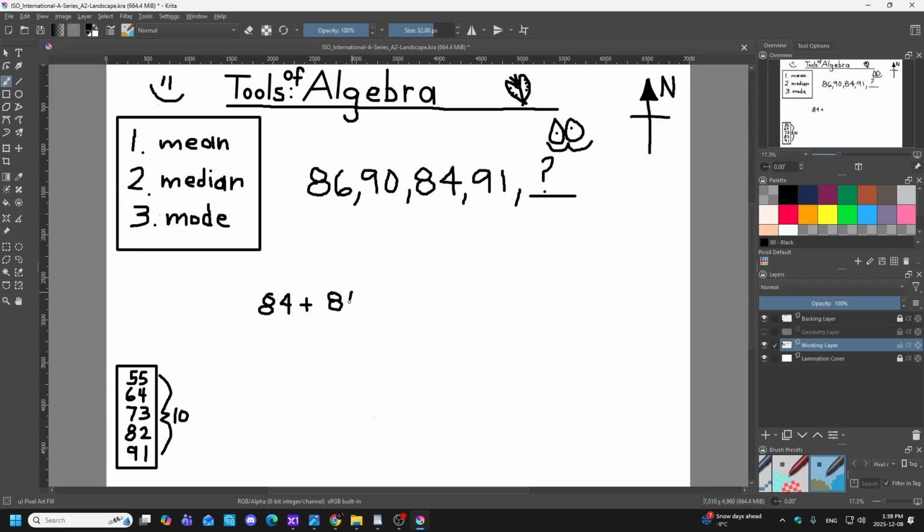I don't really need to put them in order. We're just doing mean, but that's okay. 90 plus 91. Okay? And, you know, just for fun, we'll do the average or the mean. 1, 2, 3, 4. We have 4.